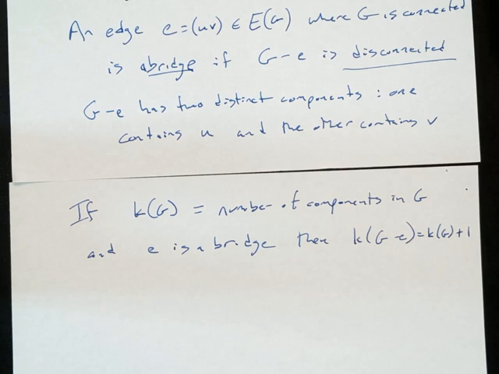What if V or U has degree 1? When I remove that edge, that component only contains that one vertex.